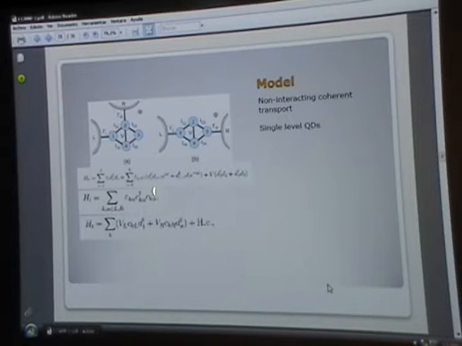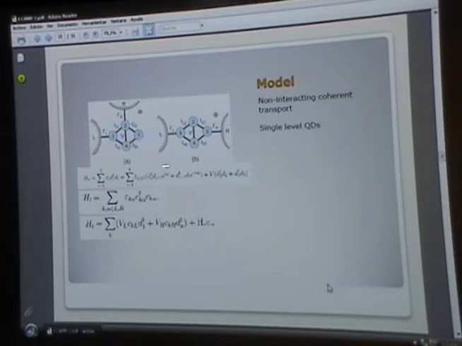It's hardly seen here, but we have a d and d dagger and an exponential in the phase, which means that if we have one electron in dot 1, I can annihilate it and create it at dot 2, and that represents a jump or a hopping from site 1 to site 2.